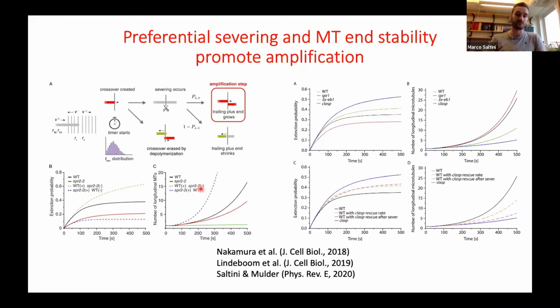To be more precise, we have identified two proteins, which are SPIRAL2 protein and CLASP protein, that are potent stabilizers of respectively microtubule minus end and microtubule plus end. And we have observed that in absence of these proteins, it is impossible, or at the very least very hard, to obtain a reorientation, an amplification in the number of longitudinal microtubules.